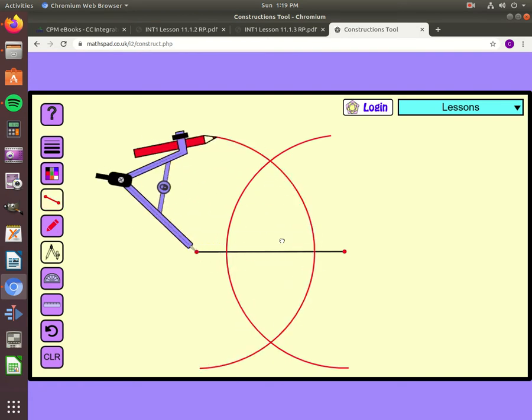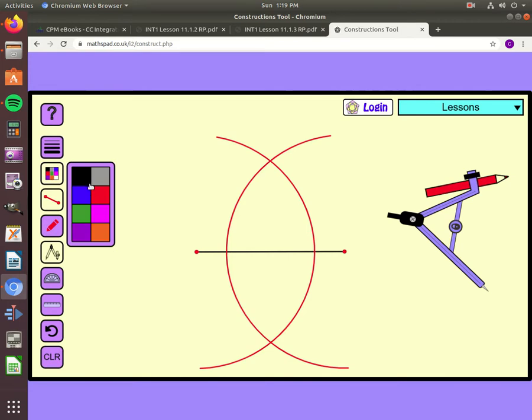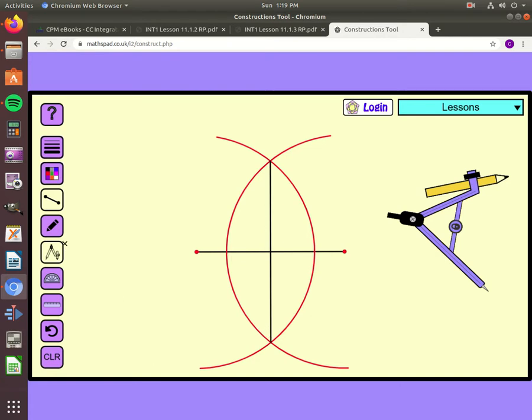And now, if I connect those arcs, you can see that I am going to have a perpendicular bisector. I know that these are the same length, and I know that these are 90-degree angles. And again, that's all explained in the introductory video. But just a quick perpendicular bisector right there.